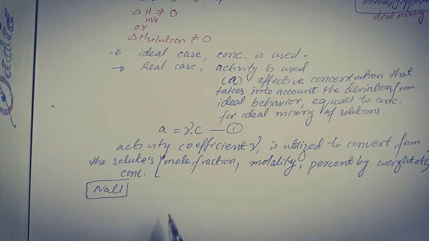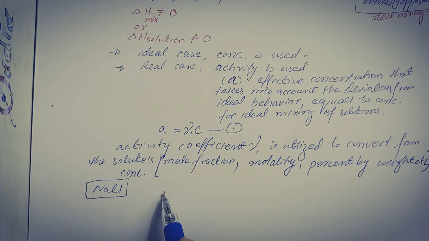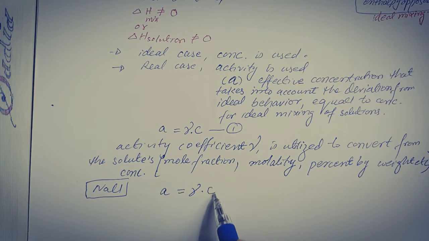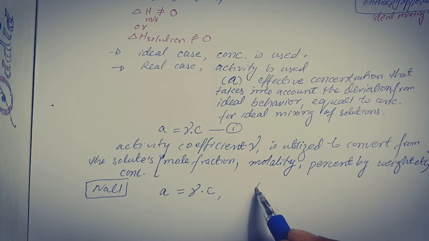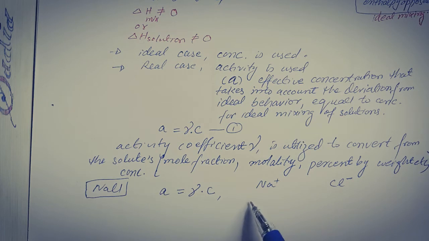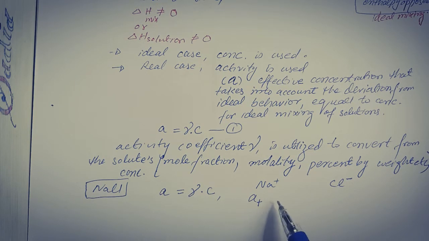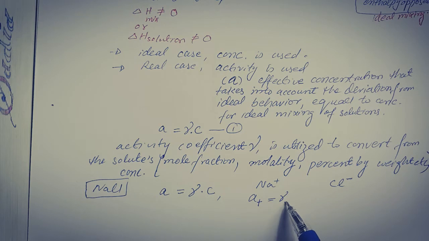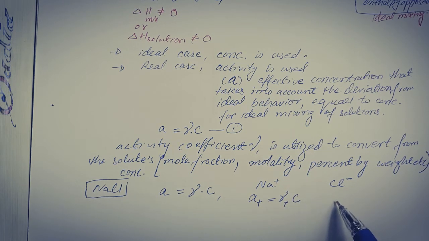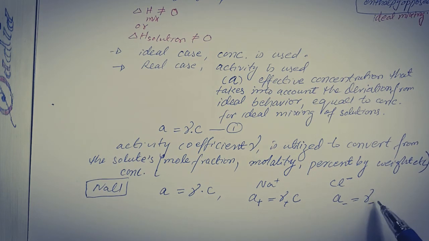For this kind of electrolyte working as a solute in a solution, the activity is equal to the activity coefficient times concentration, and for the sodium ions and chloride ions we can calculate the activity of the respective ionic species separately from the activity coefficients times concentrations, that is for the negative ionic species.